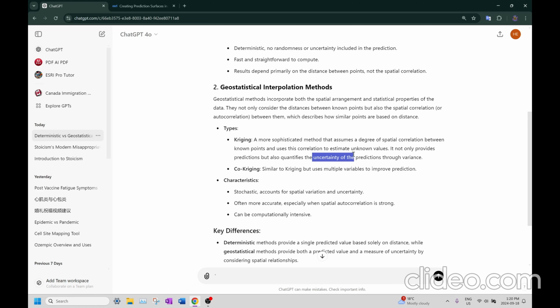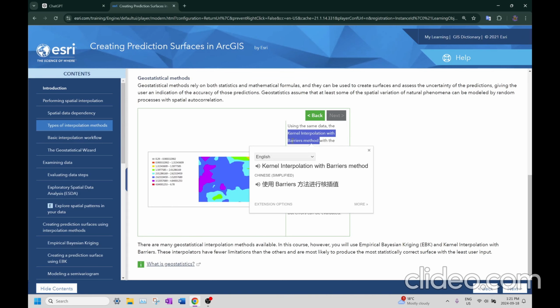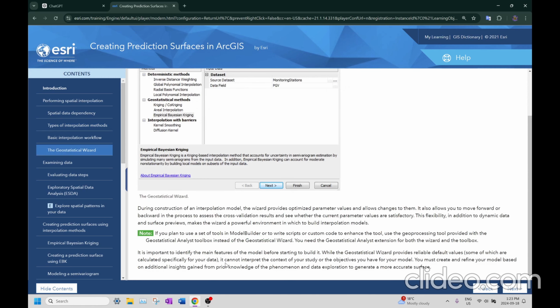You can also provide the uncertainty of predictions, or variance, and it's more accurate, and they consider spatial variation. Also keep in mind kernel interpolation with barrier method also belongs to geostatistical methods.